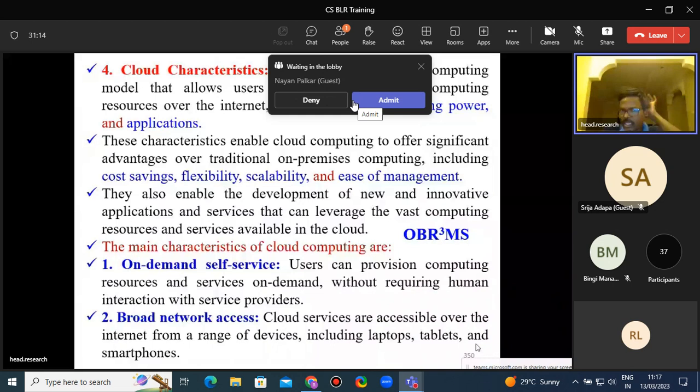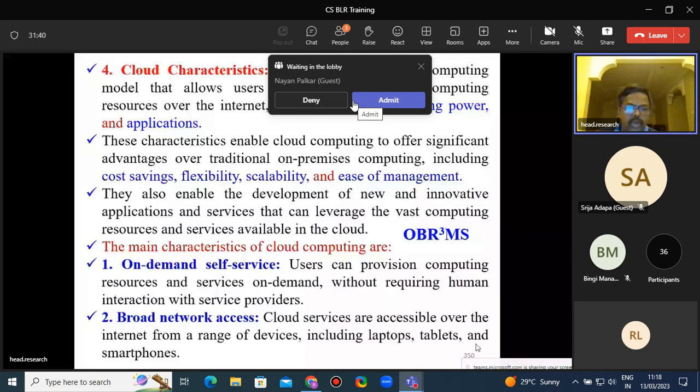They also enable the development of new and innovative applications and services that can leverage the vast computing resources and the services available in the cloud. The main characteristics of cloud computing are OPRQMS.